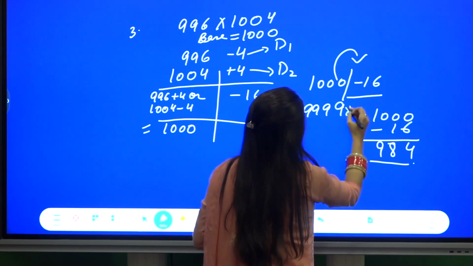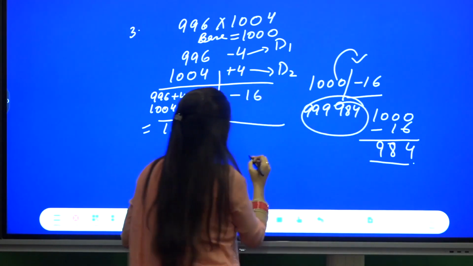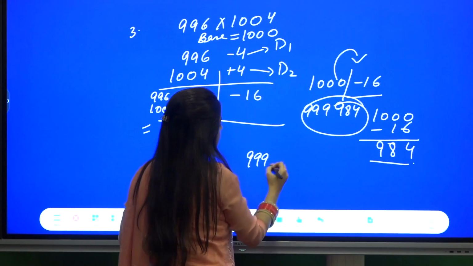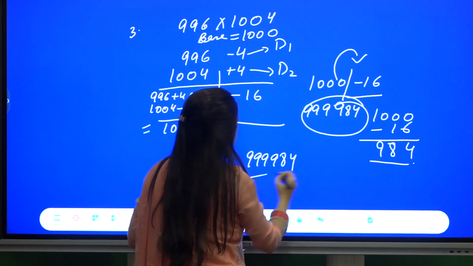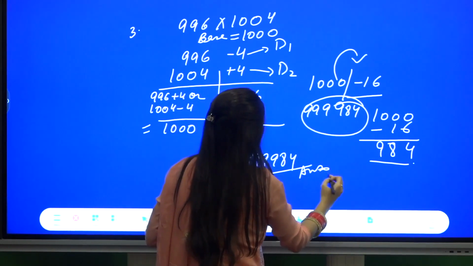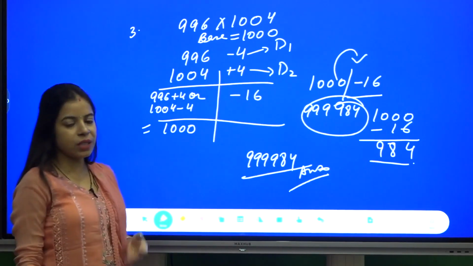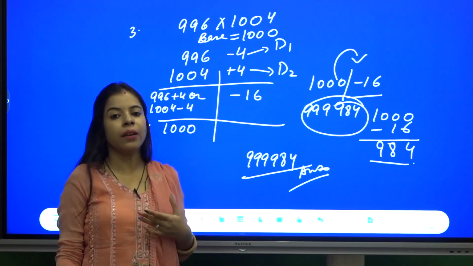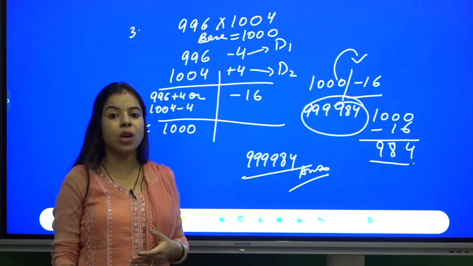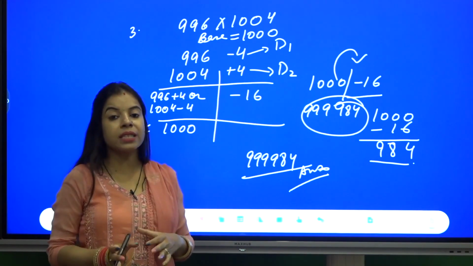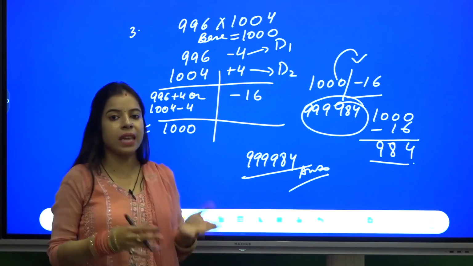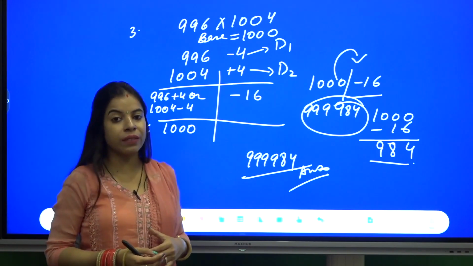So the final answer is 999,984. In this manner we can multiply any two numbers which are closer to the base, where one is bigger than the base and the other is smaller than the base.